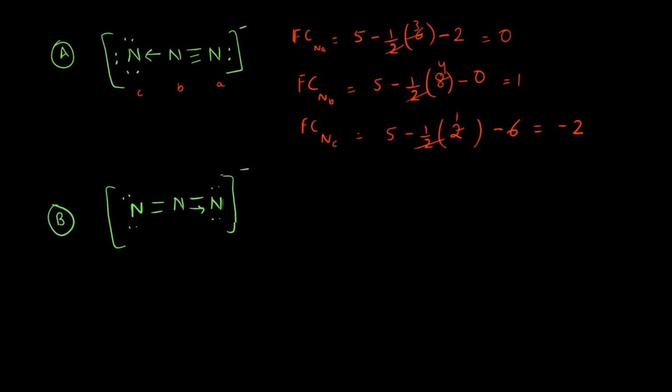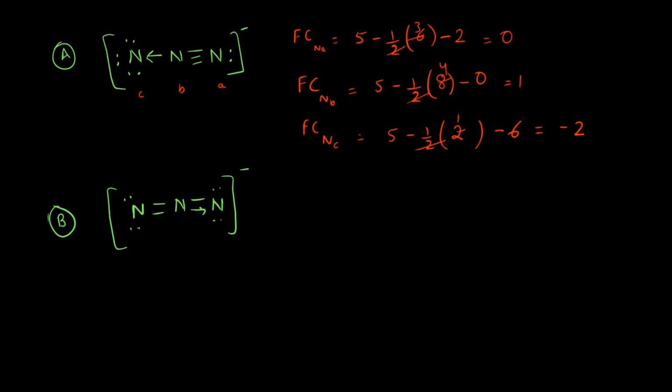Now let us say this nitrogen is A, this is B, this is C. The formal charge on nitrogen A is valence electrons minus half the bonding electrons. How many bonds is nitrogen A forming? 2 bonds, so we have a total of 4 electrons minus non-bonding 4. So it comes out to be minus 1.